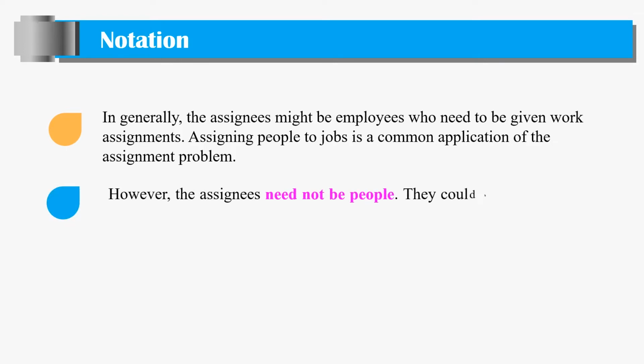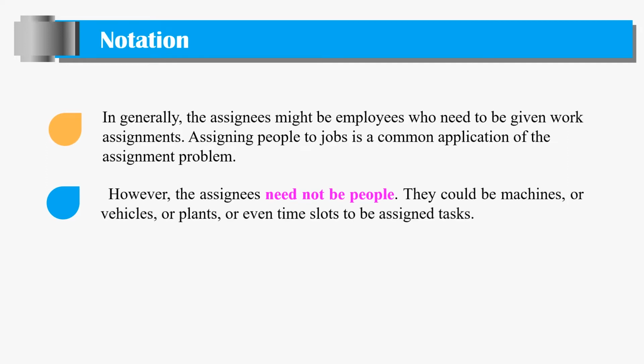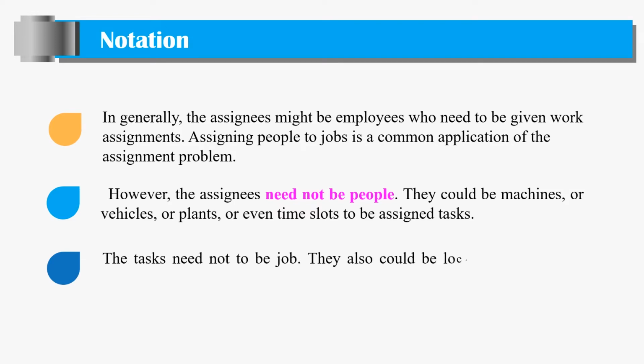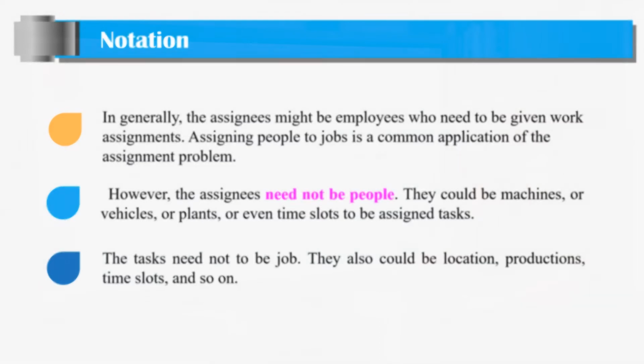However, the assignees need not be people. They could be machines, vehicles, plants, or even time slots to be assigned tasks. The tasks need not be jobs. They also could be locations, productions, time slots, and so on.